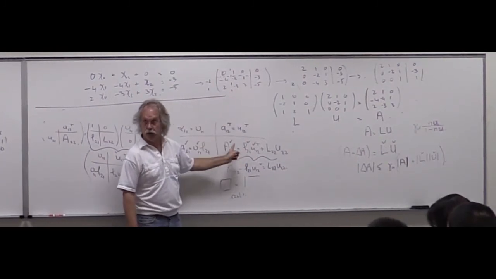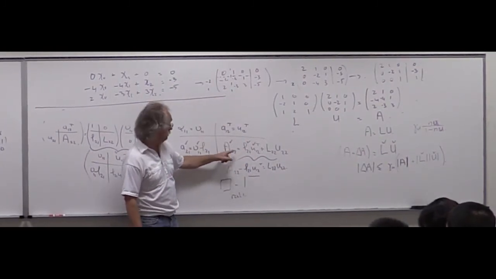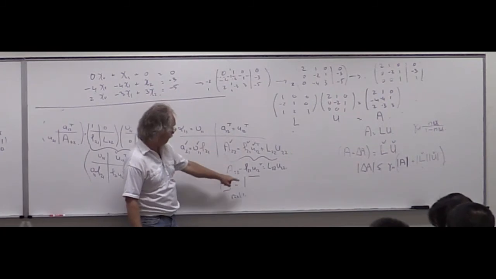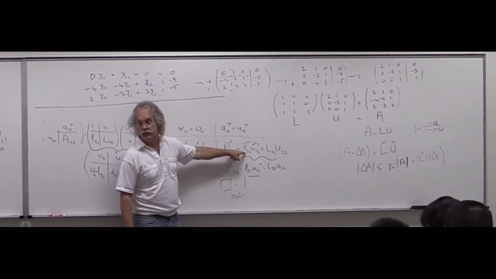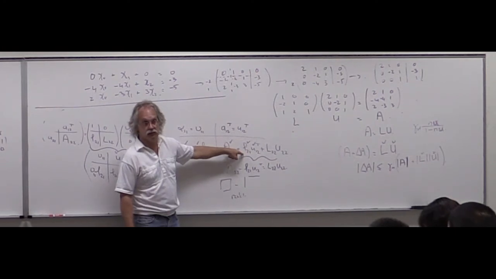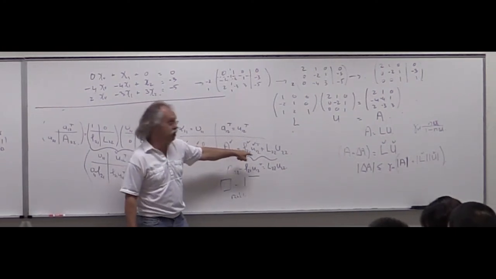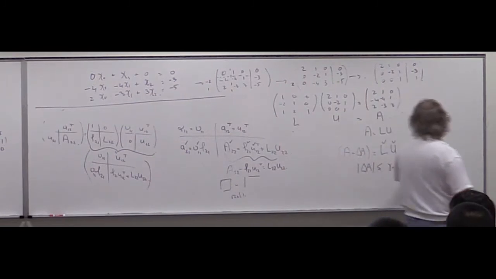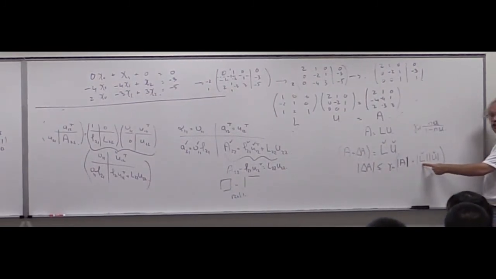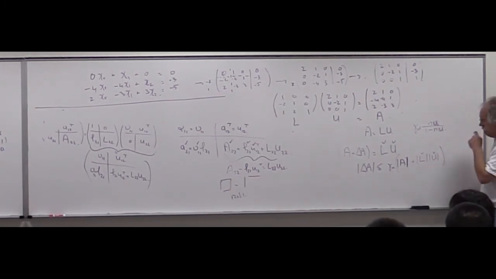The entries below the diagonal in L. What will be the magnitude of those entries? Infinity. Not a good thing, right? Which means that you end up with some pretty humongous entries in L, and your hopes, right, if this bound can actually be attained. Of course, it could be horrendously pessimistic. Okay?